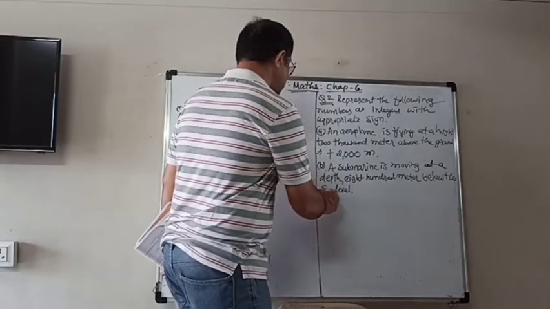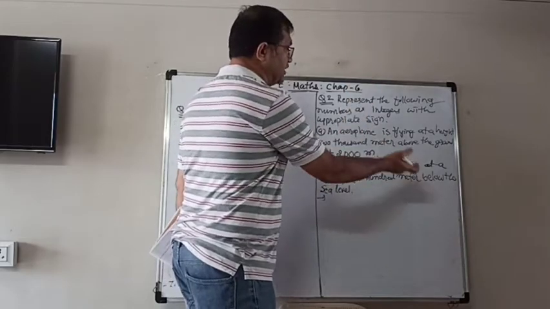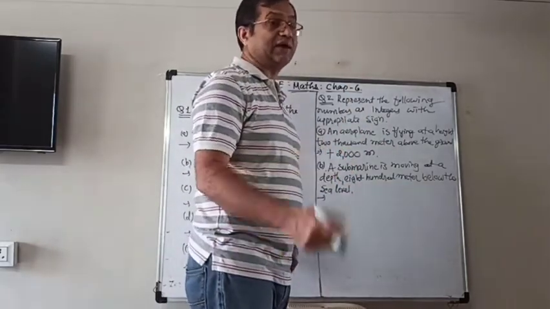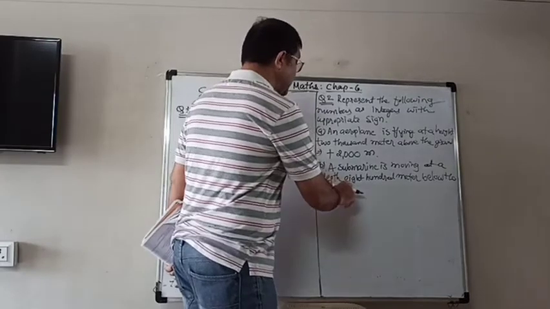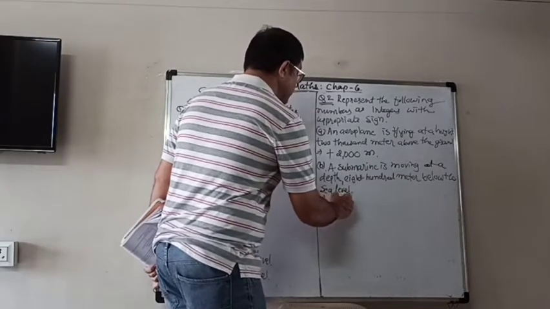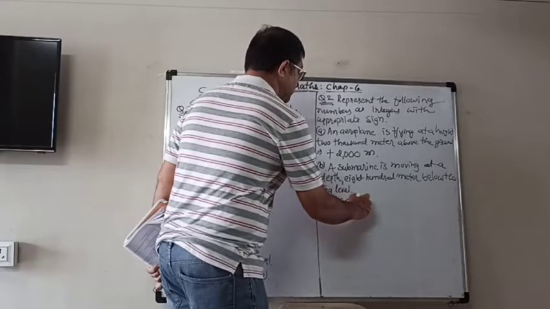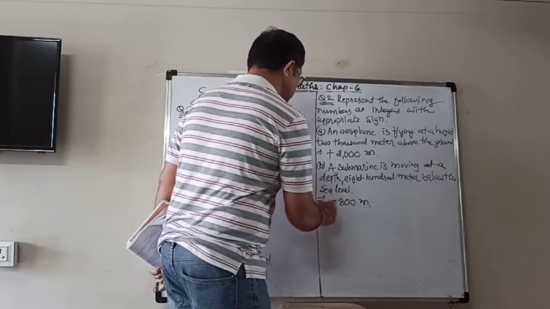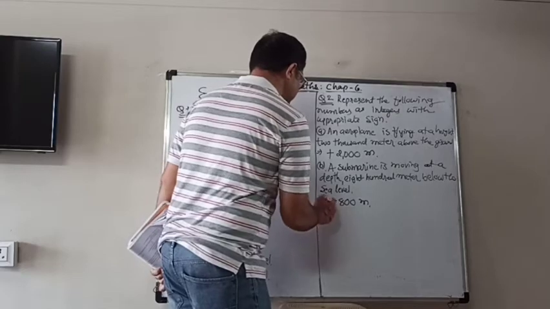So now above is taken as plus, then below is taken as a negative sign. How many? 800 meter. So it will be minus 800 meter because it is below the sea level.